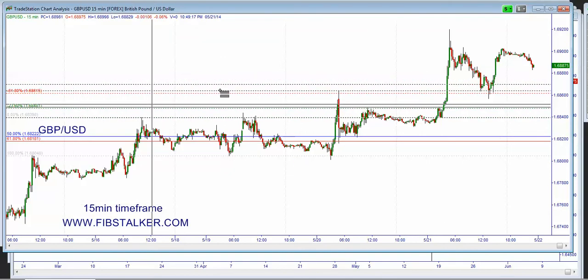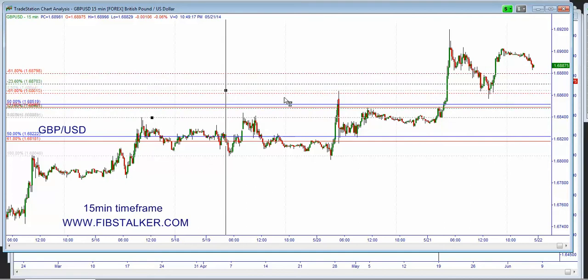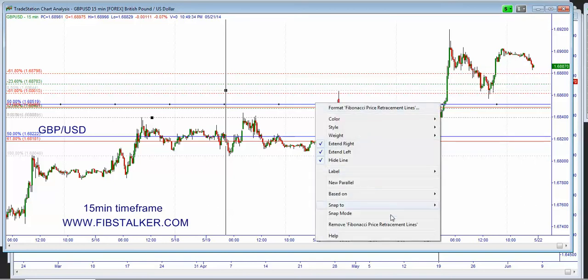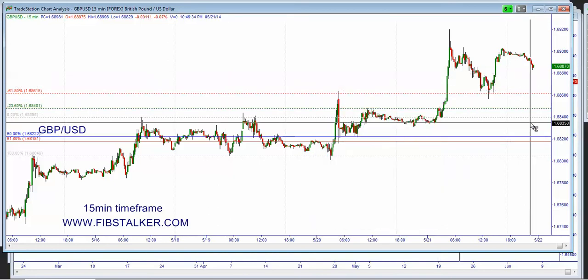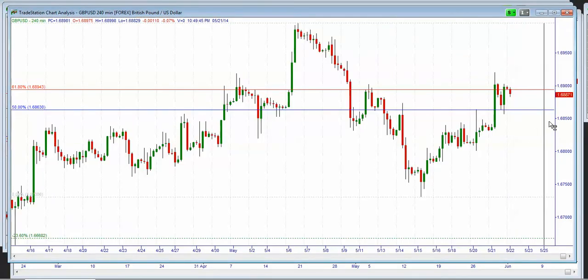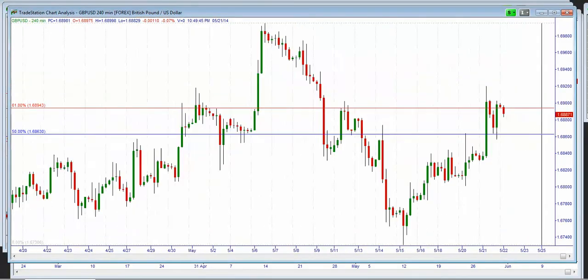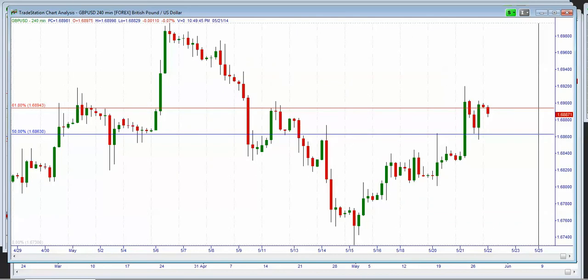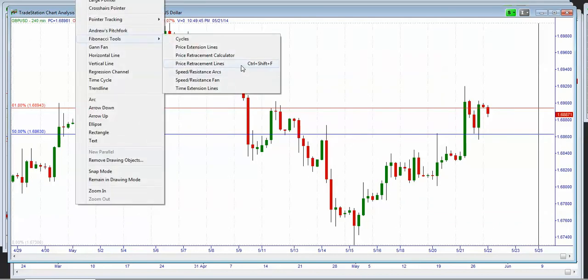So this market is respecting the extensions after they have failed. So it's not very reliable at the moment, so I'll stay away from it for now. But eventually this market, in my opinion, is going to come back here.